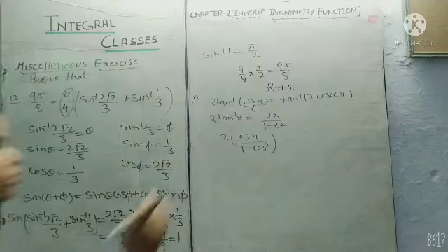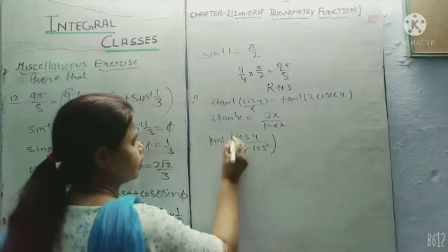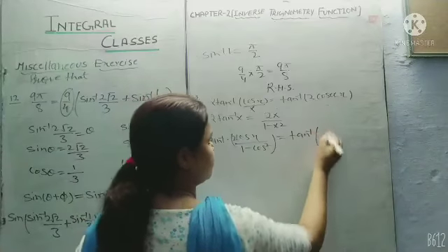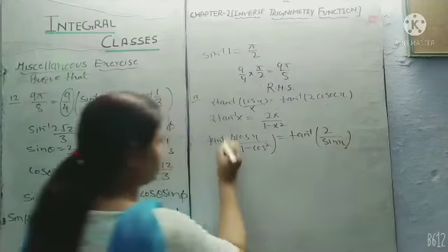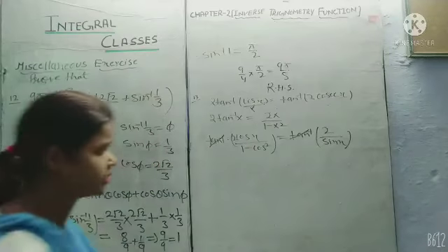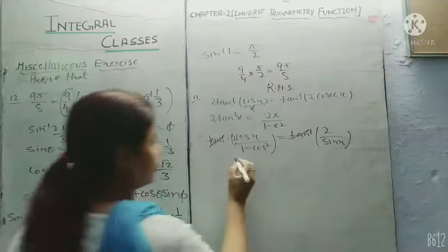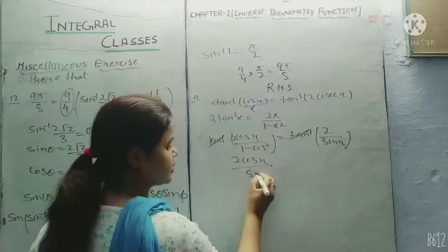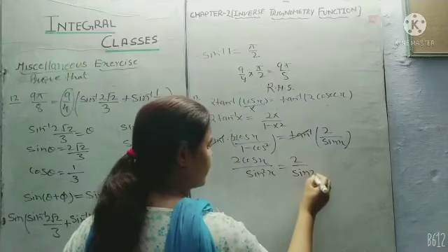Here with tan inverse. On the other side, tan inverse, we will write 2 sin x. Okay, tan inverse is cancelled on both sides. Then 2 cos x upon 1 minus cos square x, which is sin square x, equal to 2 upon sin x.